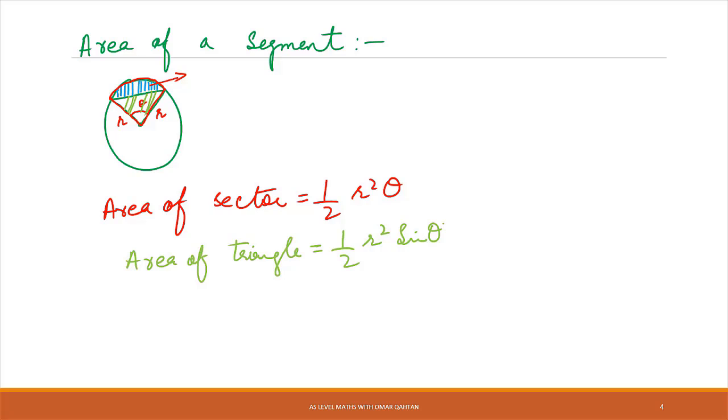So if we have to find this blue part, we need to subtract the triangle from the sector. So area of segment will be area of sector minus area of triangle.